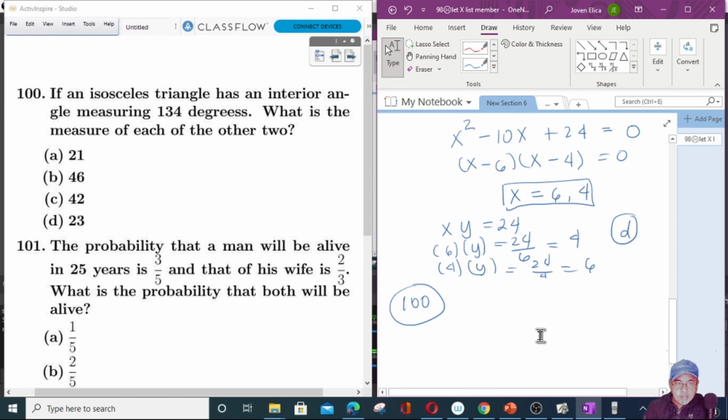Again, this is an isosceles triangle. We already mentioned that if two sides are congruent, these two angles are also congruent.